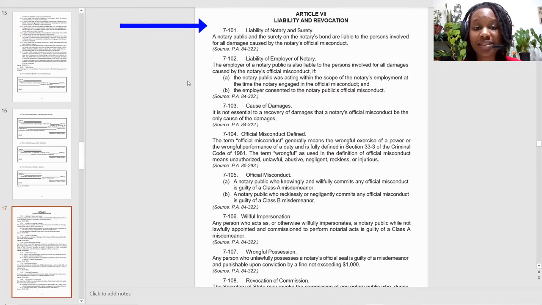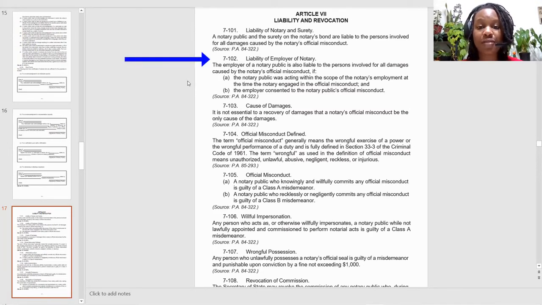Liable to the persons involved, meaning your signers, for all damages caused by the notary's official misconduct. Anything that could go wrong by your hand. It covers that person against your misconduct.